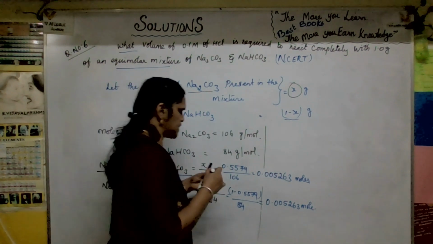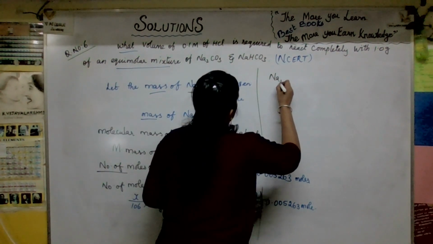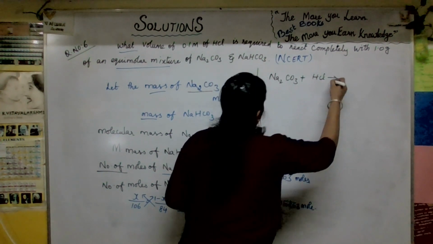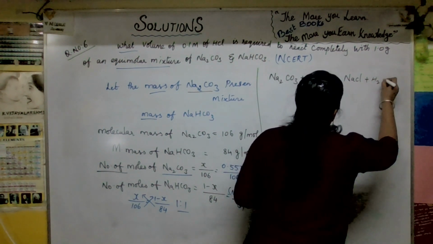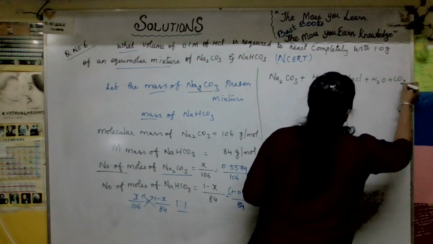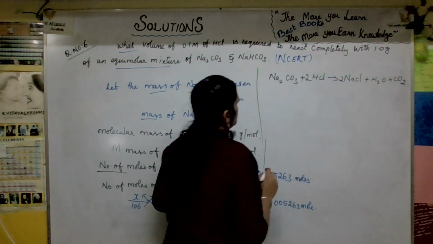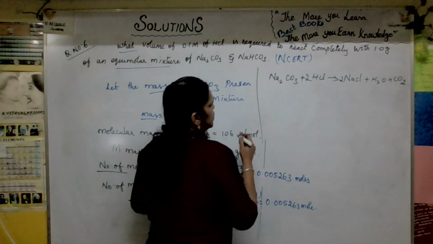Okay, now let us see this equation. Na2CO3 reacts with HCl, it gives NaCl plus H2O plus CO2. Balance this equation: here 2 HCl, 2 NaCl.